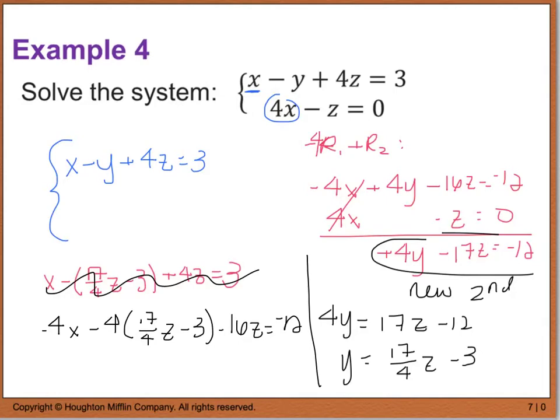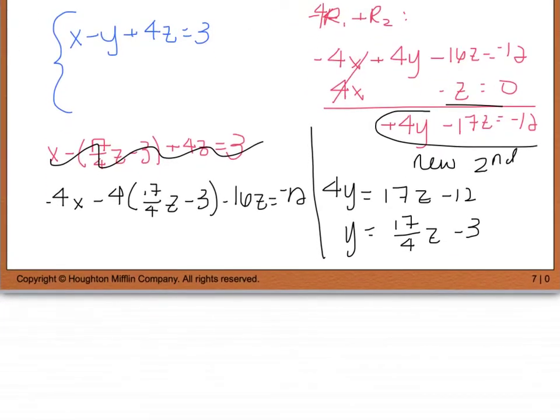So when I distribute and simplify, we end up with a negative 4x minus, these are going to cancel, so that gives me 17z plus 12. This up here should be a plus, which will make this here a plus, and then this here stays a minus. So this should be minus 12 minus 16z equals a negative 12.